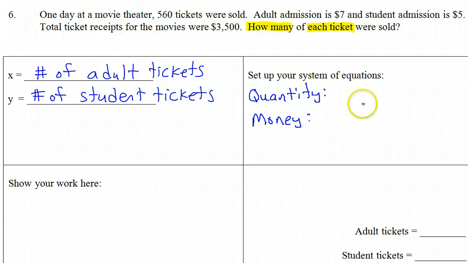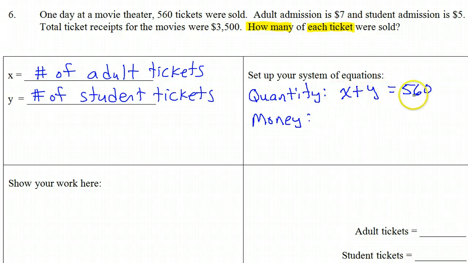We have some adult tickets, we have some student tickets, but it says 560 tickets were sold. All right, total of 560. These are the two different kinds, so that equation is going to be very simple. X plus Y has to equal 560. The two kinds have to add up to the total, 560.